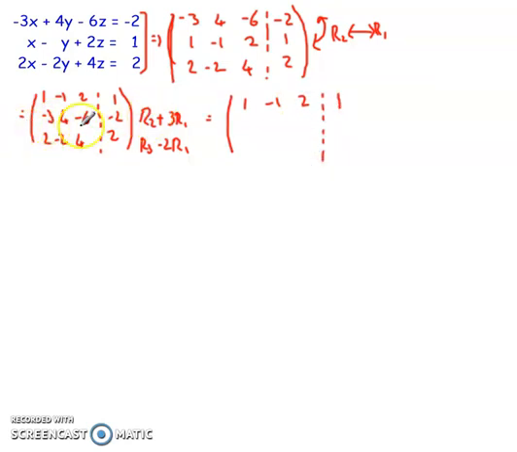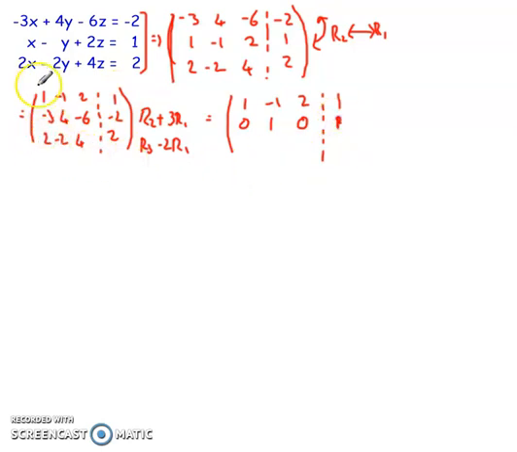For the second row, I add 3 of the first row. So -3 plus 3 is 0. Then 4 minus 3 gives me 1. Then -6 plus 3 times 2, so -6 plus 6 gives me 0. Then -2 plus 3 gives me 1.